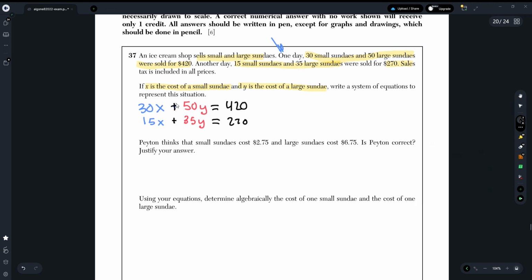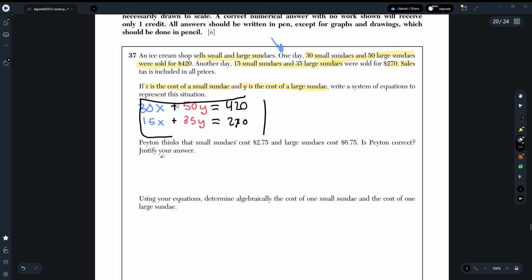So on one day he sold 30 small sundaes plus 50 large sundaes, so 30X plus 50Y, and he got $420 in total. On another day he got 15 small sundaes and 35 large sundaes, and the total was $270, and that's shown right there. So that's all we need to do to represent the scenario in the system of equations.